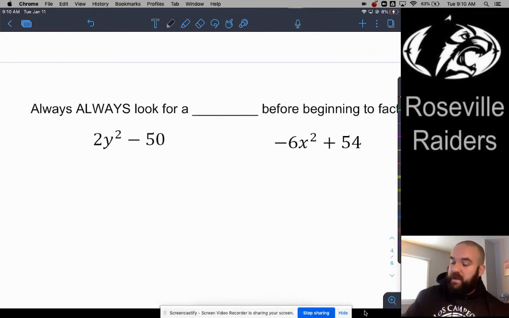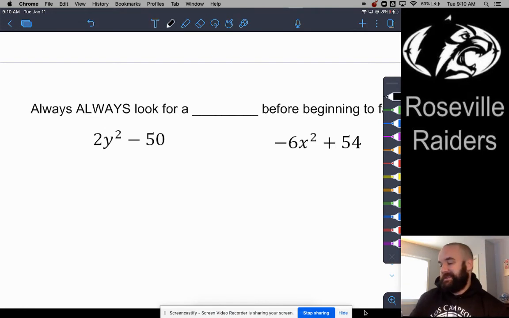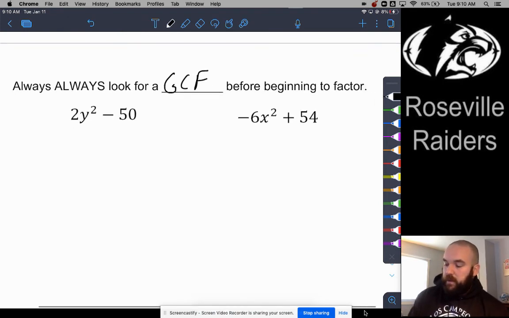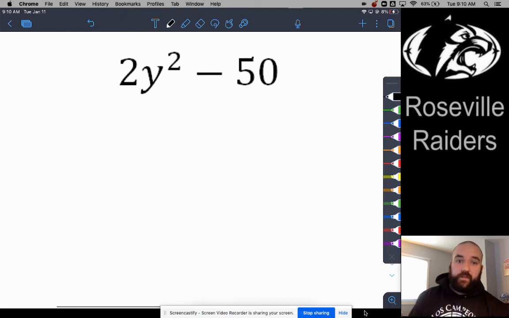Now, we have been harping constantly. The first thing you want to do before you start factoring is you always want to look for a GCF. And the reason is this right here, it's got two terms, it has a subtraction sign in the middle, but I can't write the number 2 as something times itself. Also, the number 50 cannot be written as something times itself.